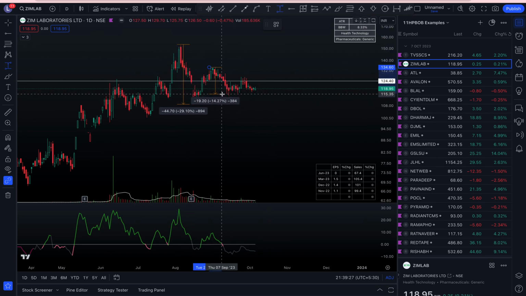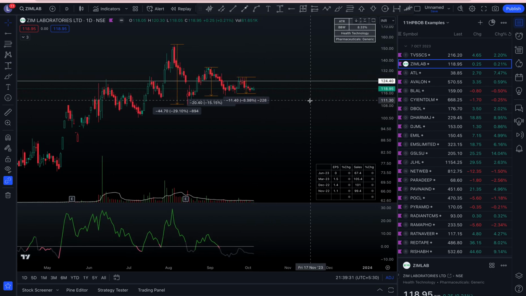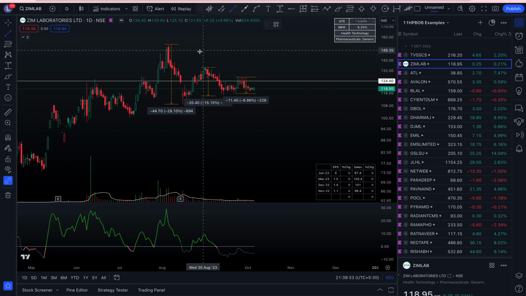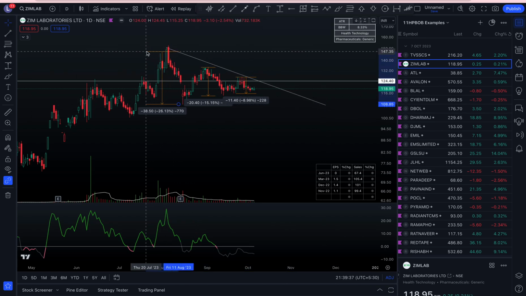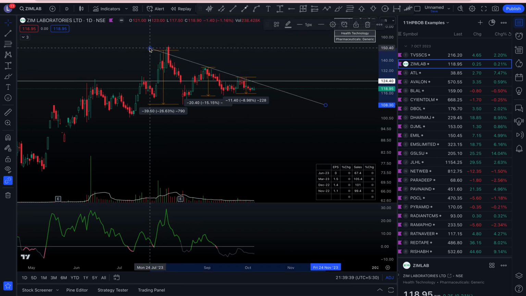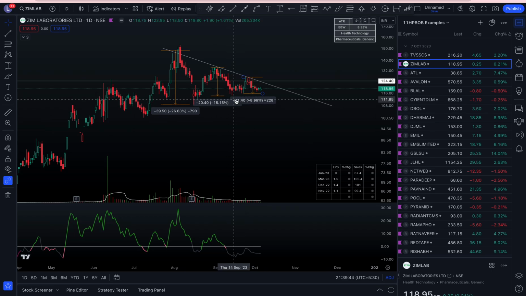And this is another place where one can make an entry, and various kinds of entries are possible here. The DTL breakout would be one of the best places to buy. Just make sure that you have a higher low here. DTL breakouts could be of two kinds. One is where you don't have a higher low, like this.